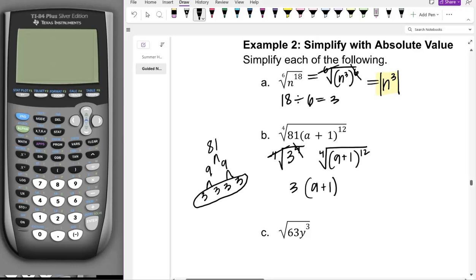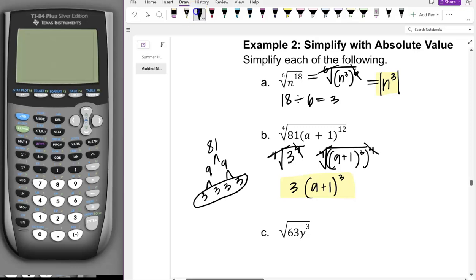That means I can pull this out of the radical, put a plus 1 to the power of 3, because 12 divided by 4 is 3. If you wanted, you could put to the power of 3, then the power of 4, and cancel it out. Either way, your answer is 3 times a plus 1 to the power of 3.